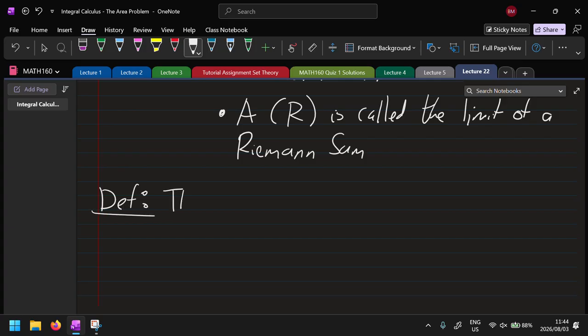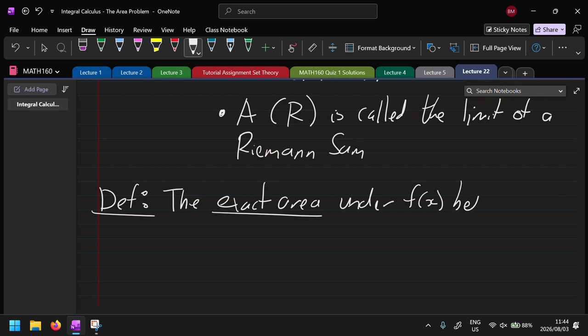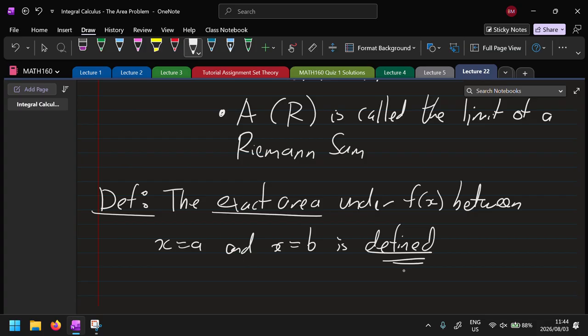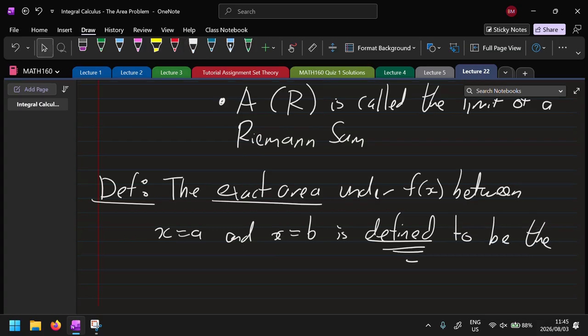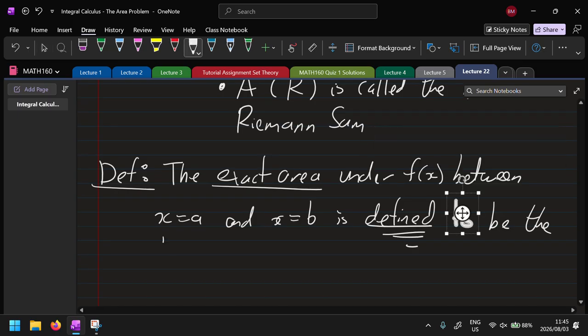The exact area under f of x between x equals a and x equals b is defined to be the limit of the Riemann sum.